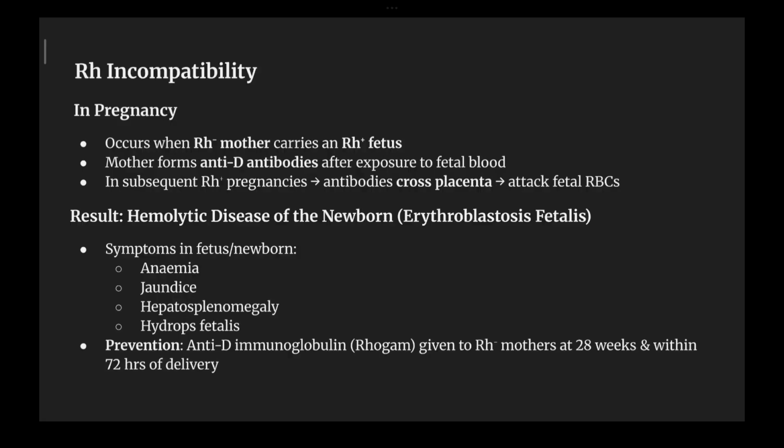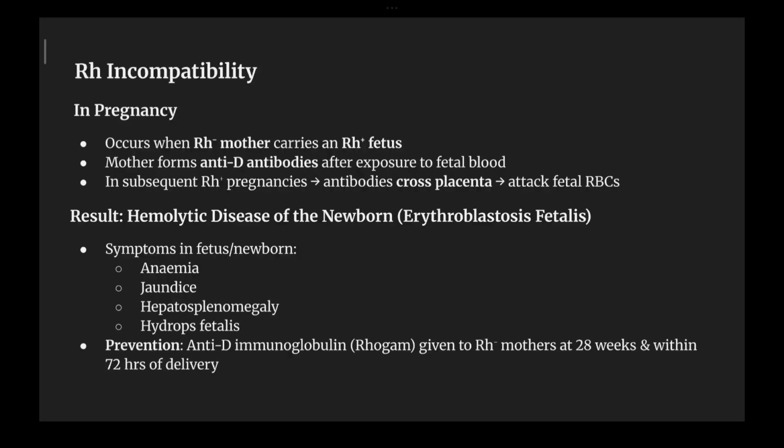So technically, if the mother is RH negative, say she is a B negative blood group, and the baby born is going to be B positive, or AB positive, or any positive blood group, then the mother's anti-D antibodies are going to act against the fetus's blood on exposure to it.